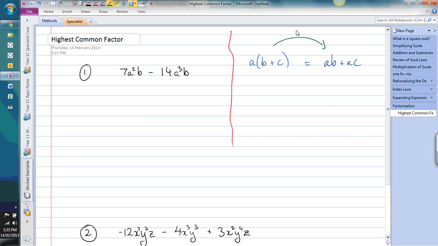Okay, that's expanding. With factorization, we're going back the other way. So we're going from something that's a series of terms into something that's written as something in brackets with something else multiplied by it. So it's just the reverse process.